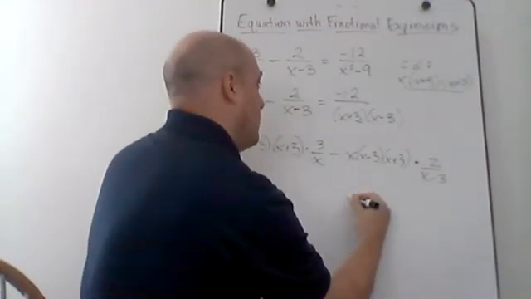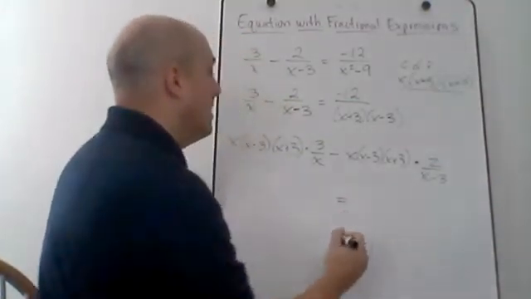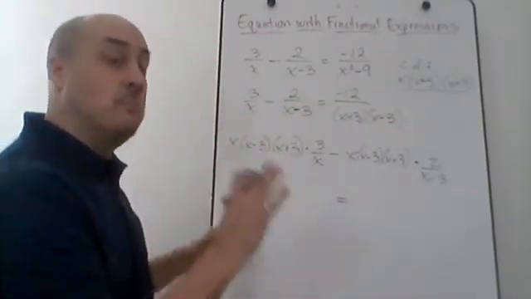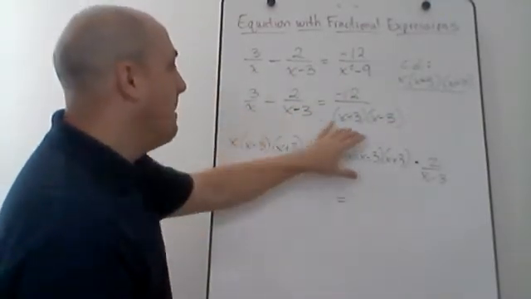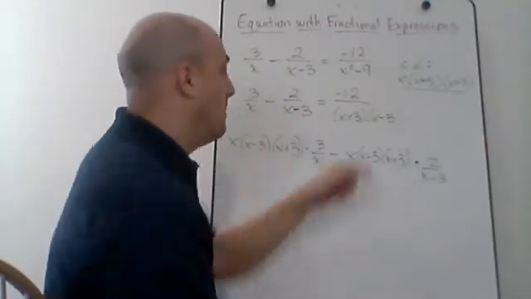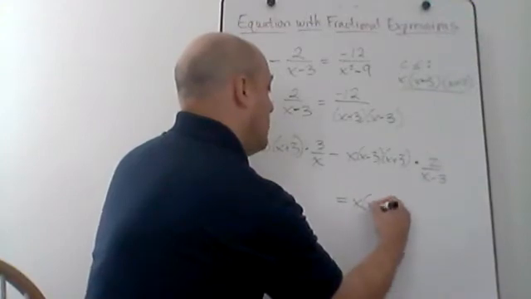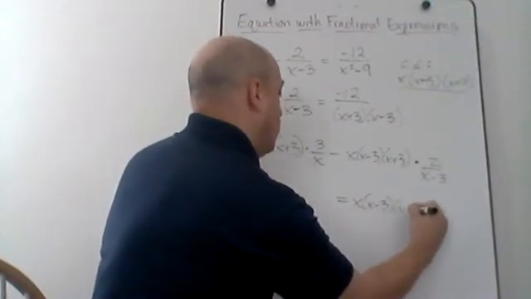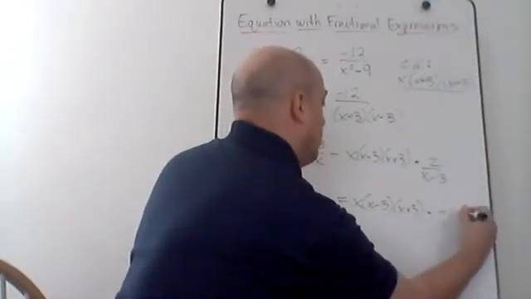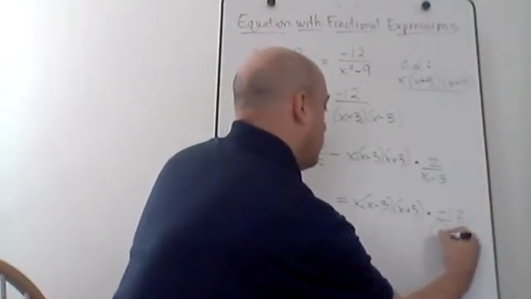Then equals, and my common denominator again. Remember, I can multiply anything as long as I do it on both sides of the equation. So I multiply that common denominator by everything on the left side, and then the equal sign, and I multiply that same common denominator, x times x minus 3 times x plus 3, times what I have on the right side, which is negative 12 over x plus 3, x minus 3.